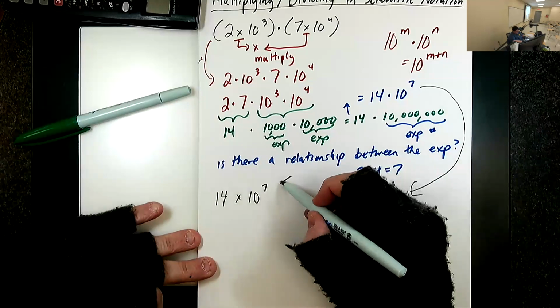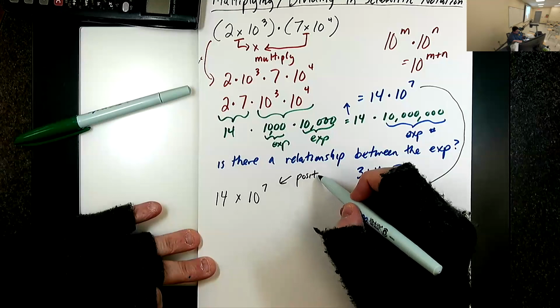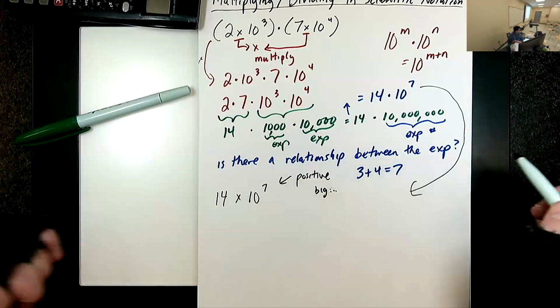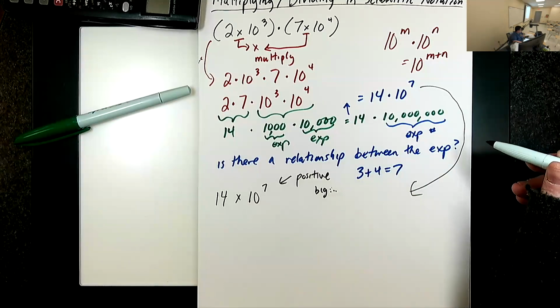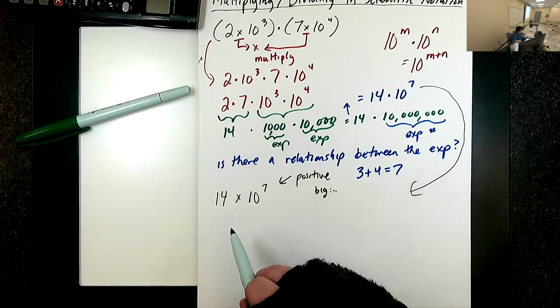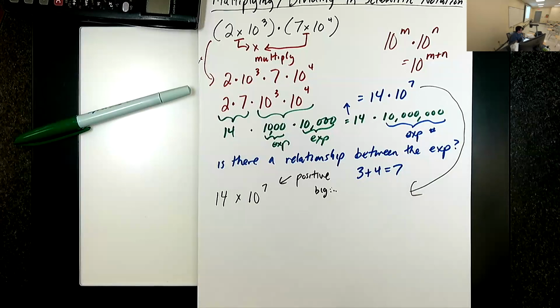And we know this, since this is positive, this is a big number, right? Are we agreed? If I multiply by 14, is it getting bigger or smaller? This isn't a trick question.